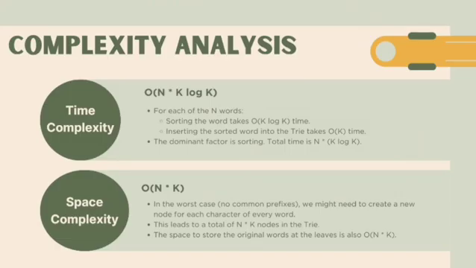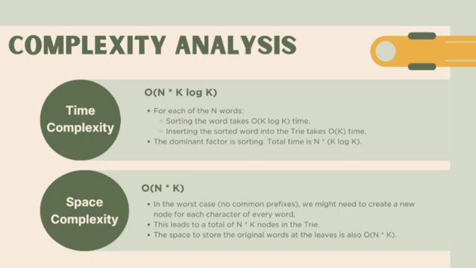Now we analyze time and space complexity. For each of n words, sorting that word takes O of k log k time and inserting the sorted word into the tree takes O of k time. Since sorting dominates, the total time complexity is O of n times k log k.